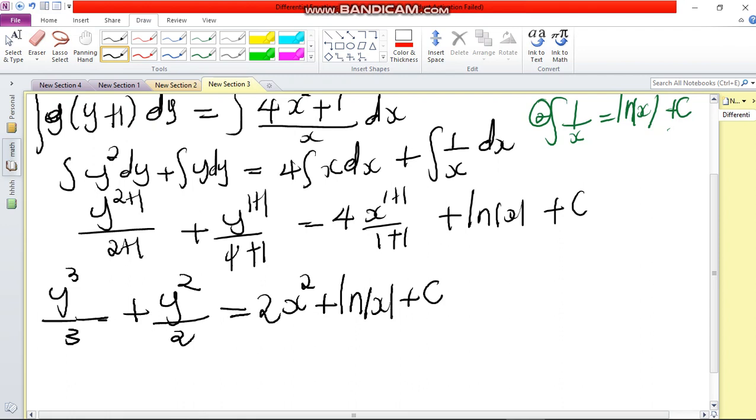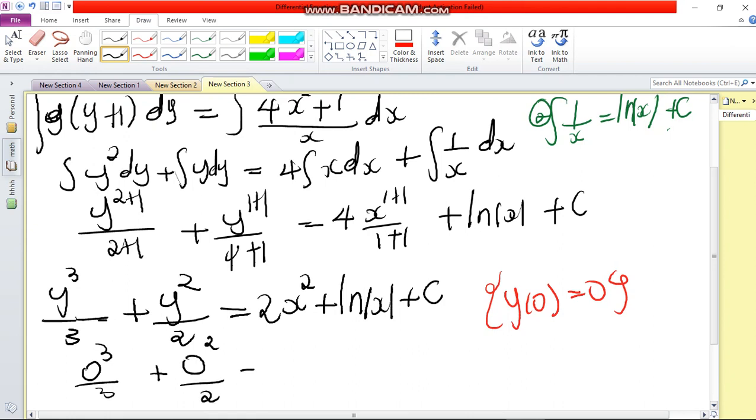Suppose we want to calculate c. I'm going to assume that y0 is equal to 0. So let's substitute. This will be 0 cube divided by 3 plus 0 squared divided by 2, which equals 2 into 0 squared plus the ln of 0 plus c.